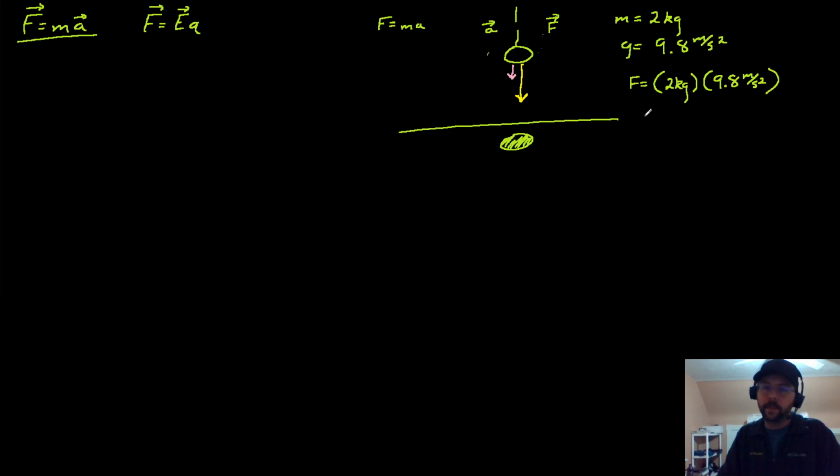And if I allow a little bit of rounding here, this is going to be approximately 20 kilograms times meters over second squared, which is the same as 20 newtons. Kilograms times meters over second squared is equivalent to newtons.